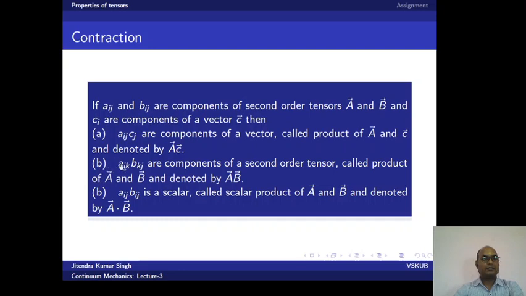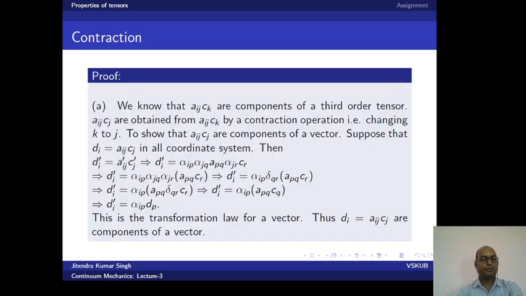Next, Aik Bkj are components of a second order tensor called the product of two second order tensors A and B, and it is denoted by AB. The next result is that Aij Bij is a scalar called the scalar product of A and B, and it is denoted by A dot B. Firstly, we shall discuss the proof of the first one.